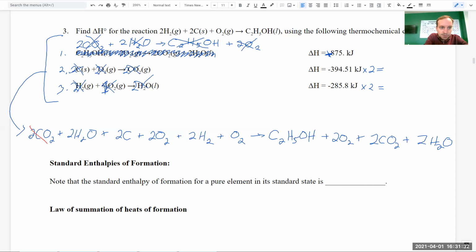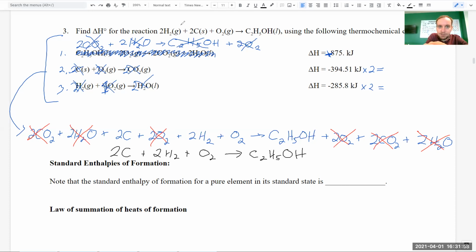I have 2 CO2s, that cancels. I have 2 waters here and 2 waters there, that cancels. I have 2 oxygens here and 2 oxygens there, that cancels. Nothing else does.